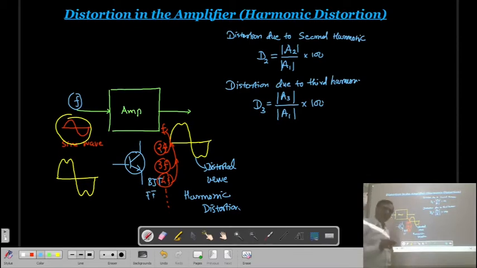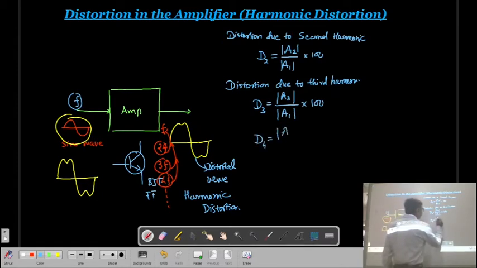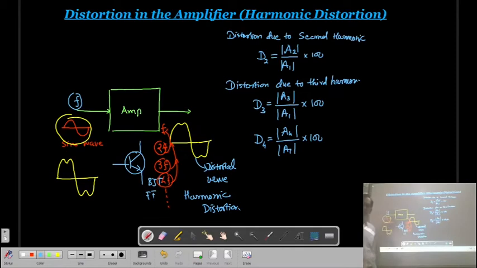So the second harmonic is generating a distortion as well as the third harmonic is also generating a distortion. Same way, the distortion due to the fourth harmonic we can write as A4 by A1 multiplied by 100. Normally, the amplitudes of the fourth and fifth harmonics are very small, so the distortion created by those harmonics will be very, very small. But the maximum distortion created is due to the second harmonic.